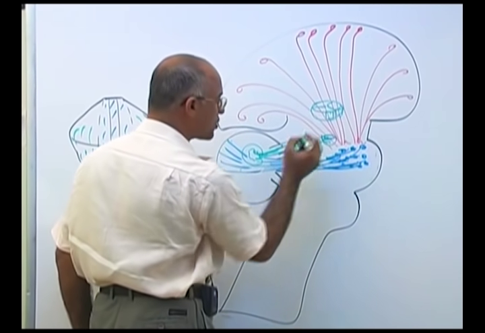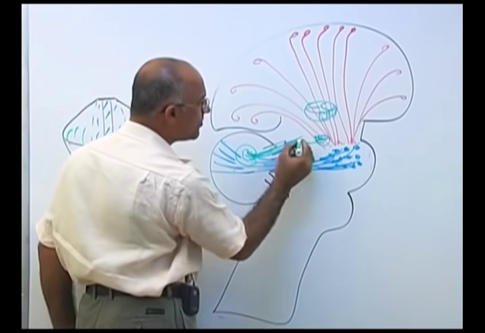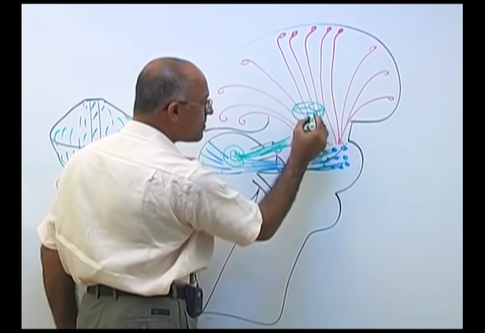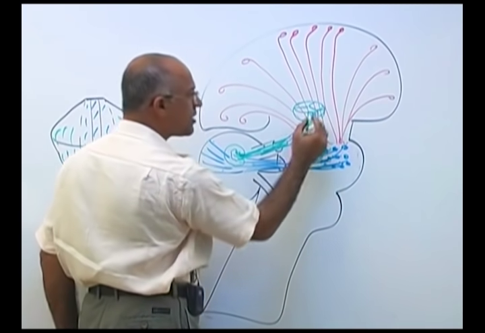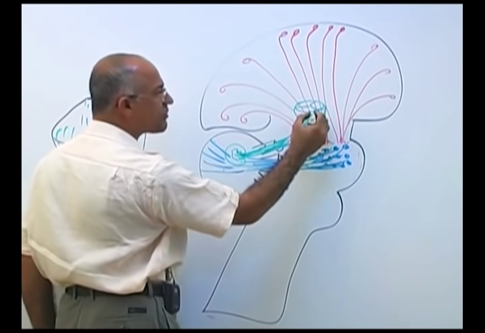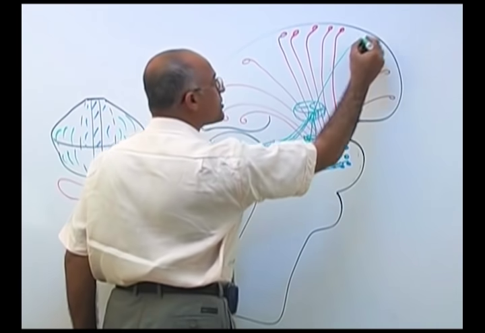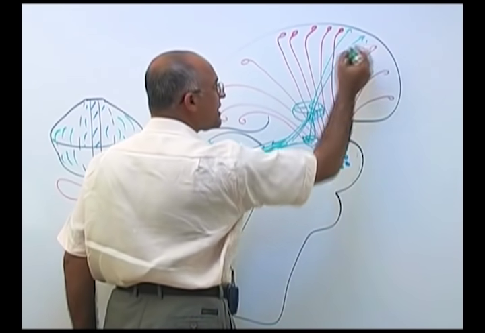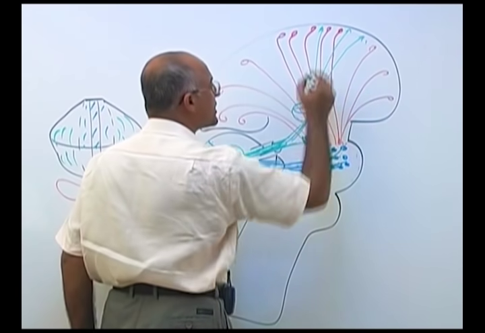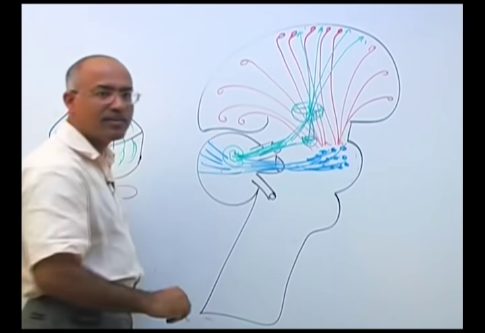Ventroanterior, ventrolateral, mostly ventrolateral. So dento-rubro-thalamic, or directly dento-thalamic, they cross to the opposite side. From the thalamus, they go to the primary motor area, supplementary motor area, premotor area, and somatosensory area.